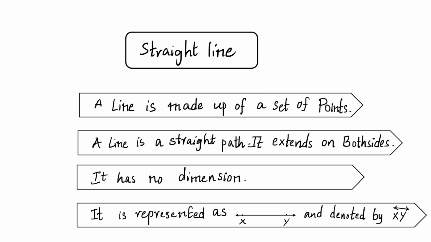How do you represent it? With two arrow marks at the end. A straight path with two arrow marks at the end. How do you denote it? With small letters, like I said, l, m, n in the previous example, or you can represent them like this also. With capital letters, on the top of the letters you have to mention a straight line symbol.